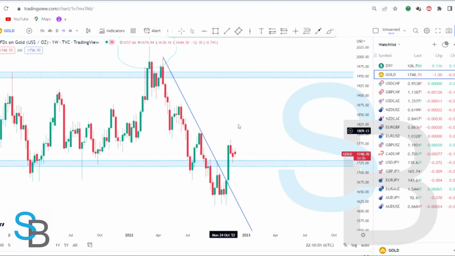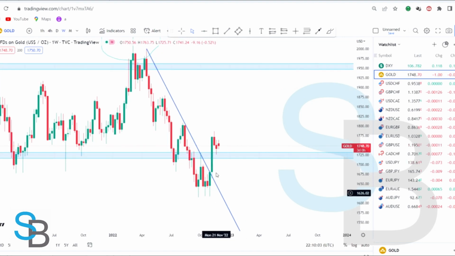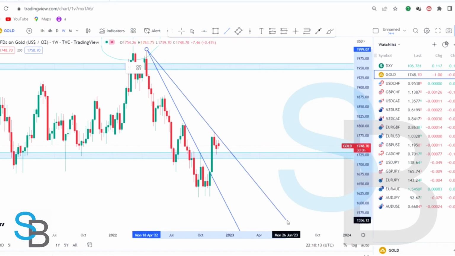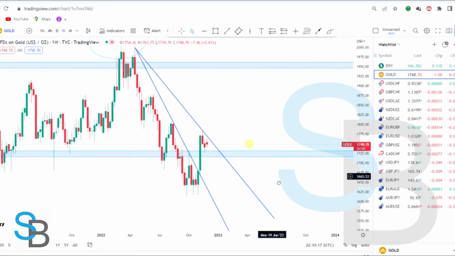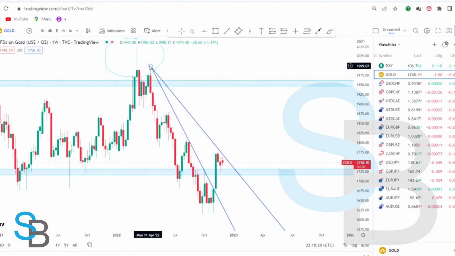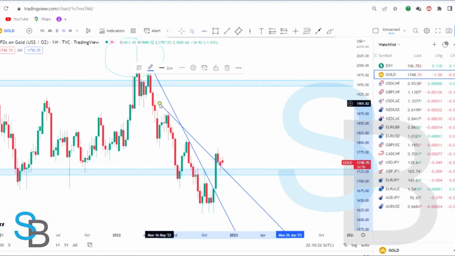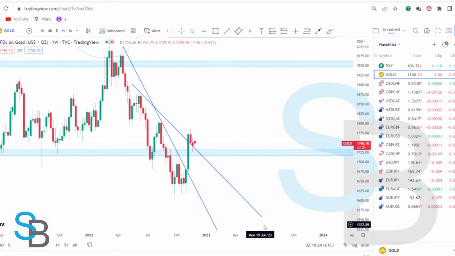Okay, and we know that this trend line has been broken, but we have another trend line which we could draw. Okay, it's possible that we could draw a trend line like this. So what if the market wanted to come and start coming like this? Or what if the market wanted to create a trend line from this point to this point, right?